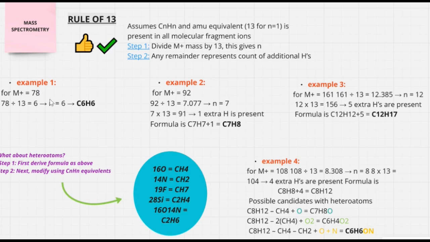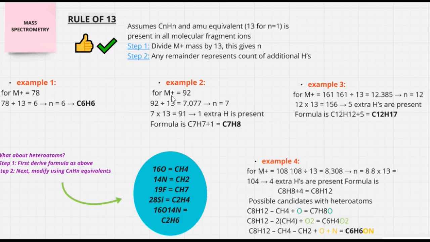Now we can see that the difference, 92 minus 91, is 1. This is the remainder, and this 1 is considered as one extra hydrogen. So the n value was 7, that was C7H7, and plus 1 will be C7H8. H8 is the one extra hydrogen that we got.